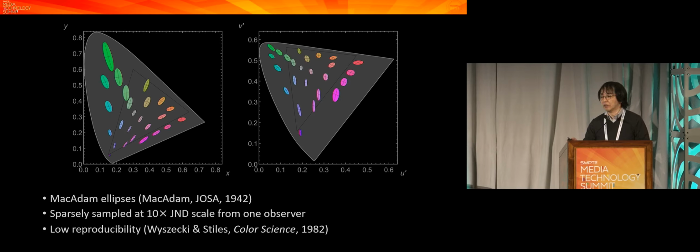In the u prime v prime diagram, the ellipses, which represent the JND of perceptual chromaticity, look more rounded and similar in size, which means the u prime v prime space can be more perceptually uniform. However, these data were sparsely sampled from just one observer, showing low reproducibility.